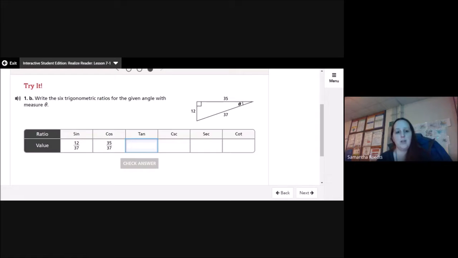My tangent, TOA, opposite over my adjacent. I flip for cosecant, I flip for secant, then I flip for cotangent. Keep them as improper fractions, that's completely fine.